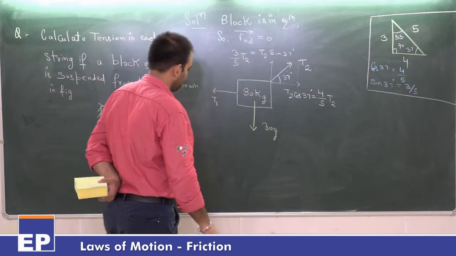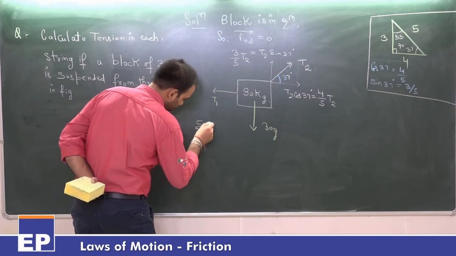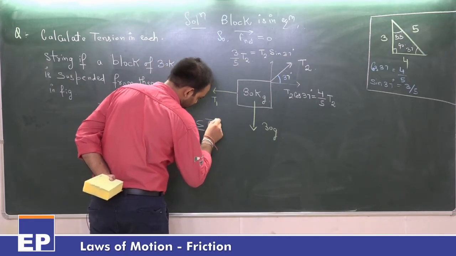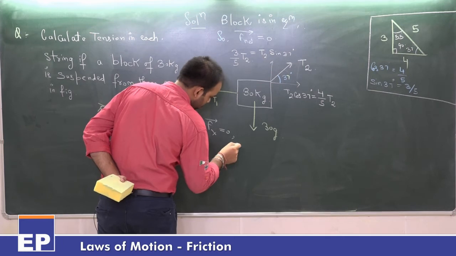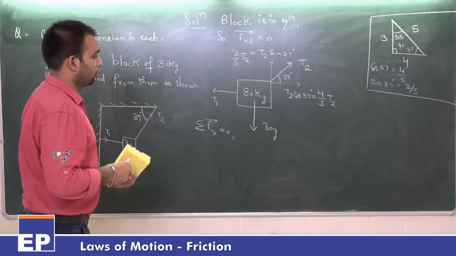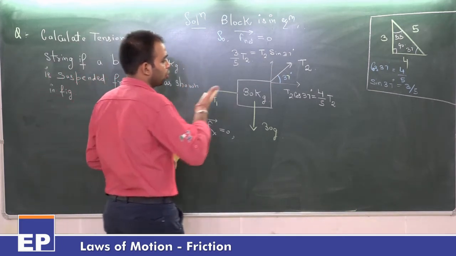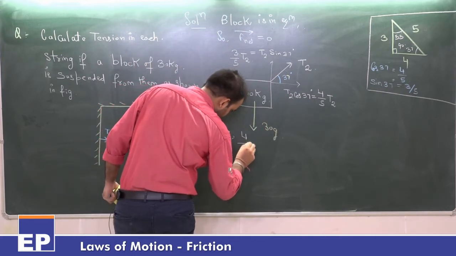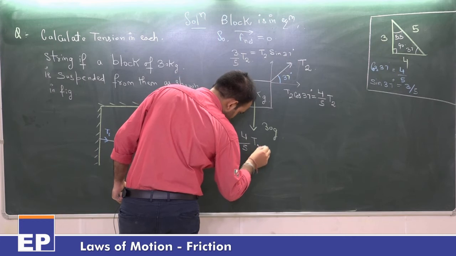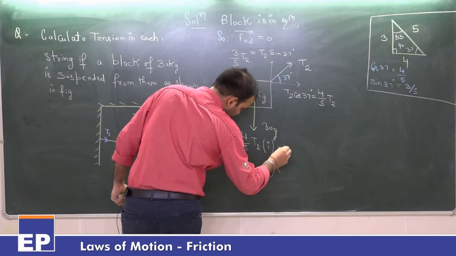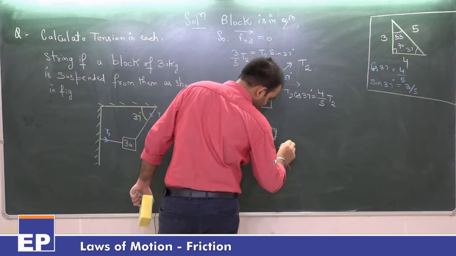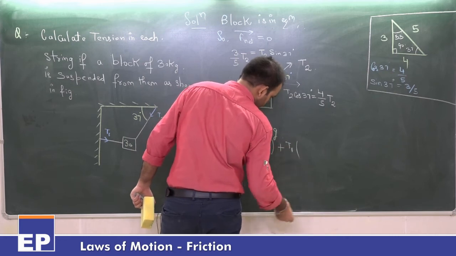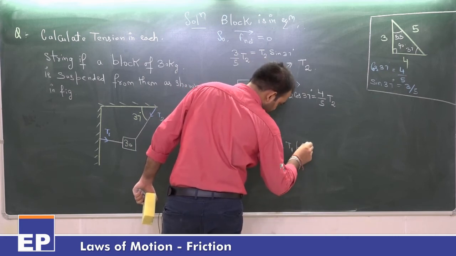Now, net force is 0. The summation of Fx is equal to 0. How many forces are in x direction? There are two forces. This is along the positive x-axis. This is along the negative x-axis. So, you can say it is 4 by 5 T2 i cap plus T1 minus i cap is 0.